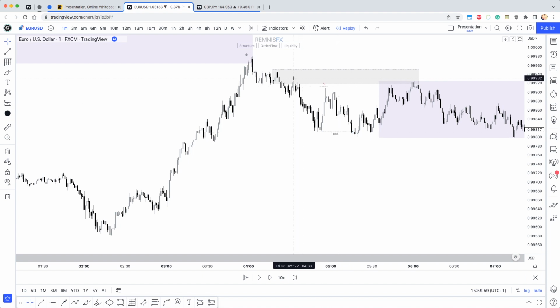Because this inducement here was not taken out and this inducement here was not taken out. This is not a real inducement because price never broke below this. Okay, so the real important one is at the moment here, sitting here, okay? So you have to be patient, you have to wait, okay? And some people read all these areas like order blocks, right?